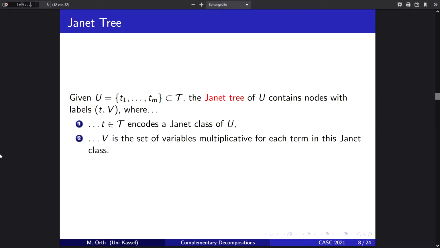Each node in the tree has a label T V, where T is a term that encodes a Janet class of the set, and V is the set of variables that are multiplicative for each term in this Janet class, which belongs to the node.